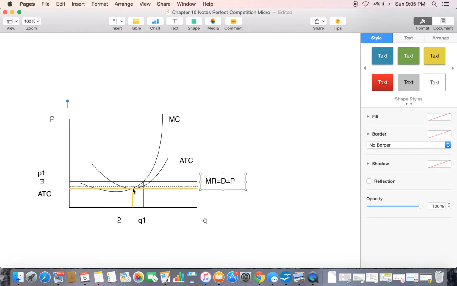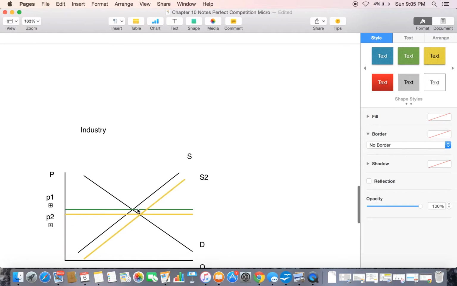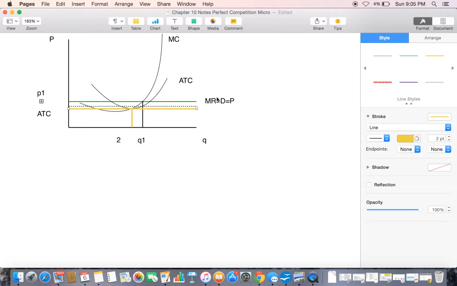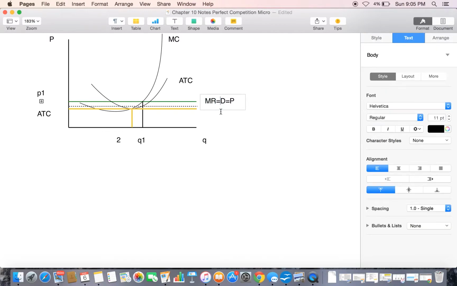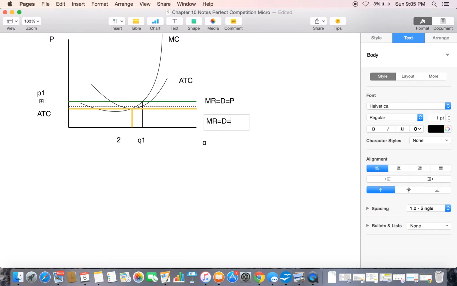So in the long run, the firm will charge where marginal revenue, this price that's coming from the intersection of supply and demand in the industry, so this P2 is the same as the price we will be charging here. And we will also charge at the minimum point on our average total cost curve.